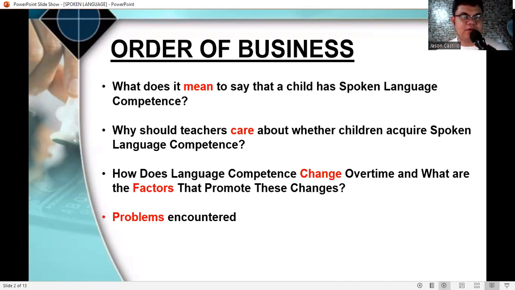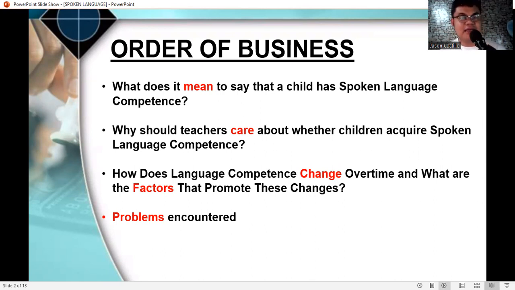So, the order of business is as follows. This talk will be focusing on these four questions. The first question is, what does it mean to say that a child has a spoken language competence? We're going to determine at the end of this discussion how we can say that a child has a spoken language competence.